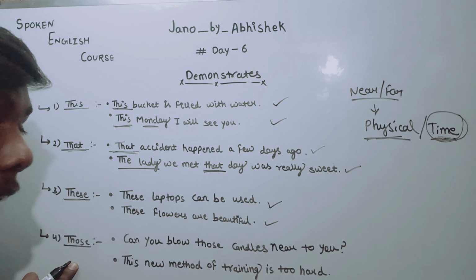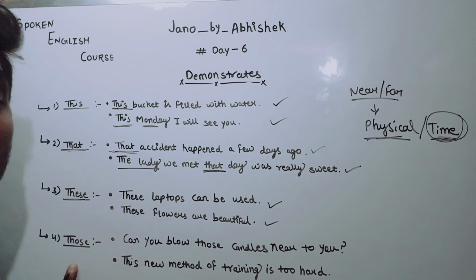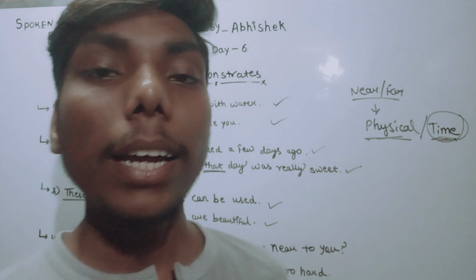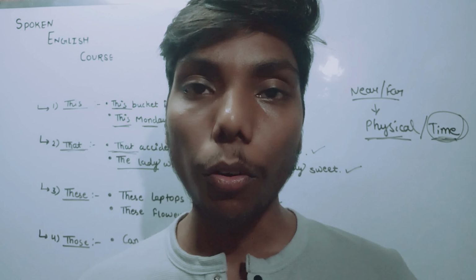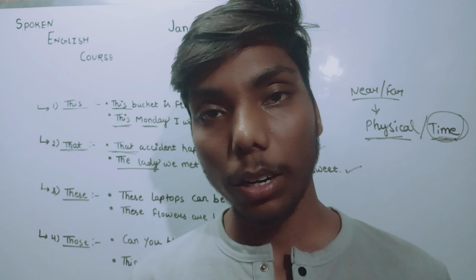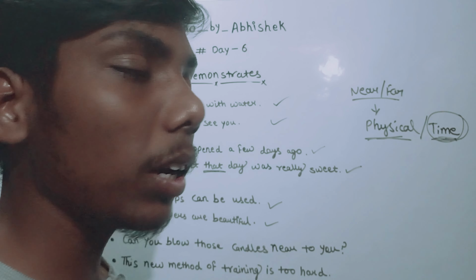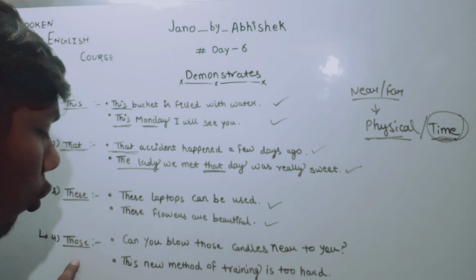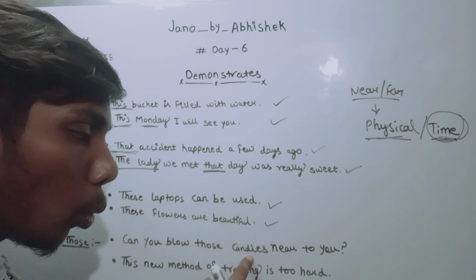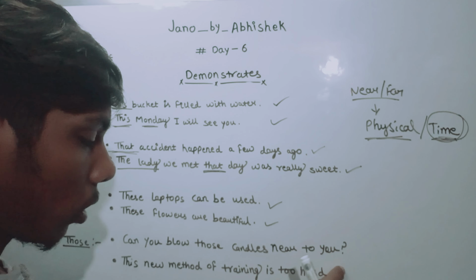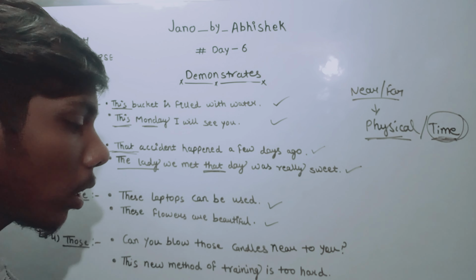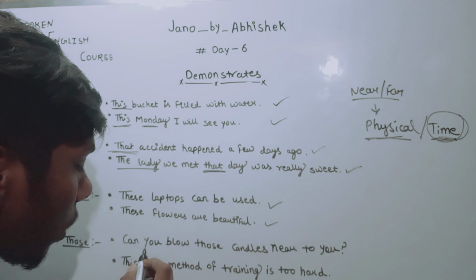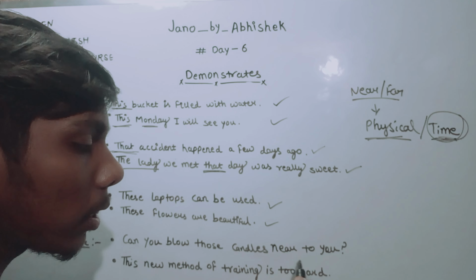Now let's see the last demonstrative, that is those. When do we use those? When the object or person is far from us, and plural, it should be plural, meaning more than one. So, those: can you blow those candles near to you?